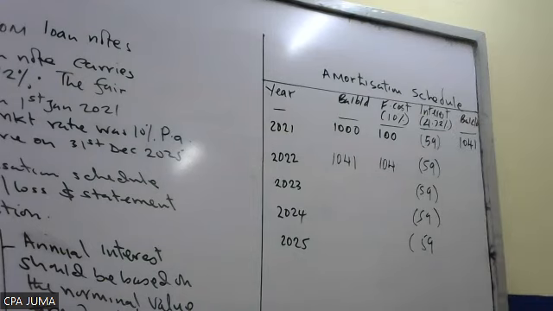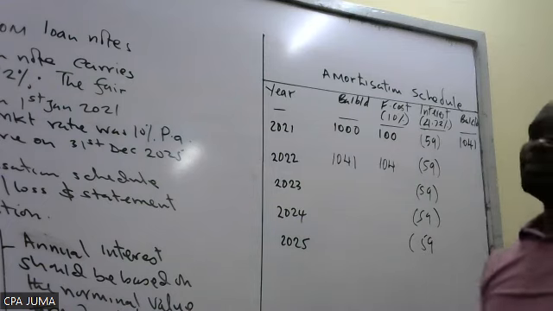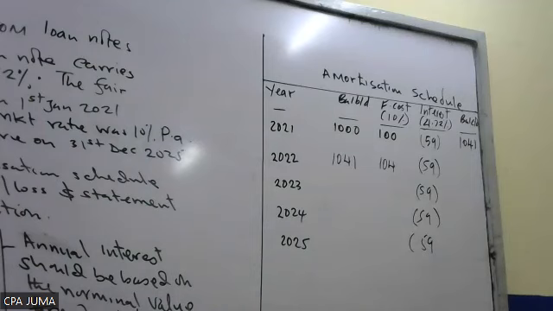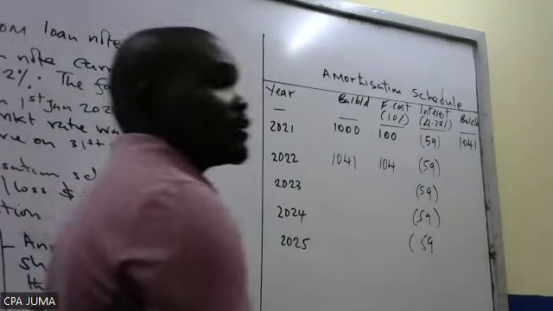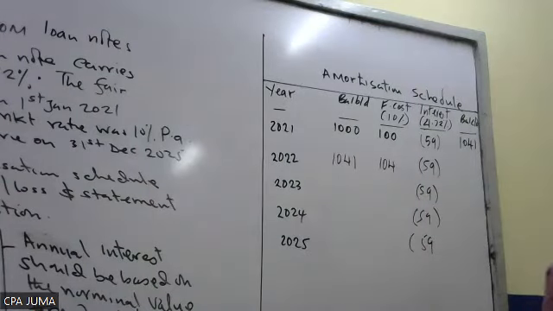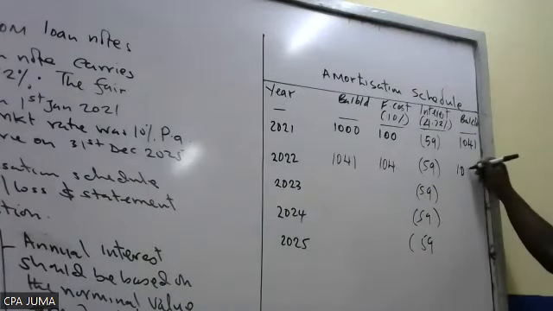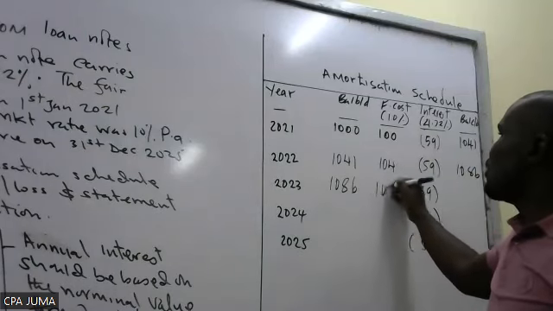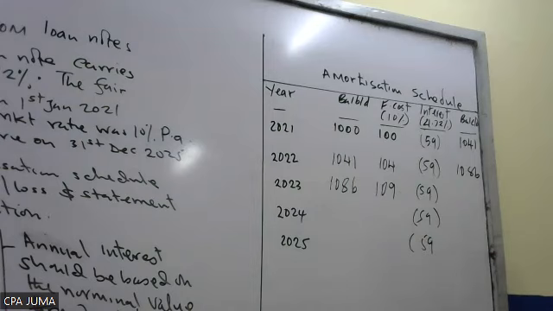So that plus that minus 59 gets 1086. So 1086, then 109.